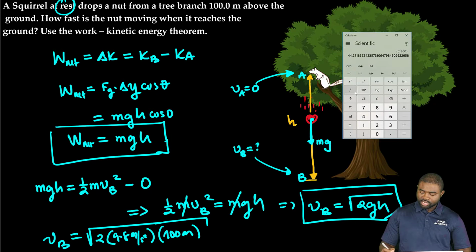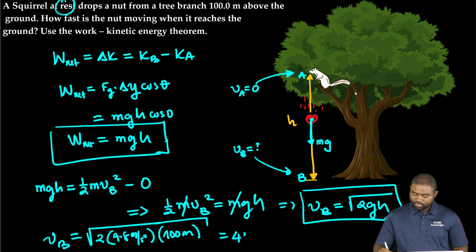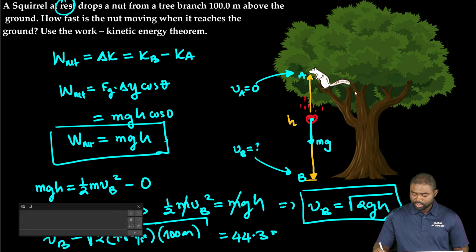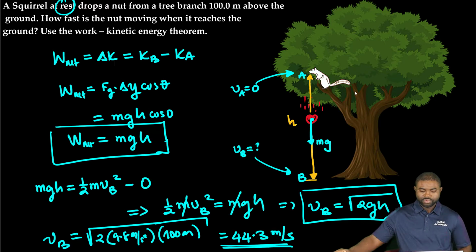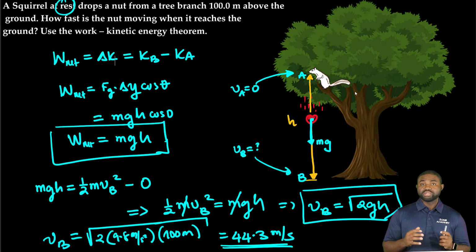So the speed at B will be 44.3 meters per second.